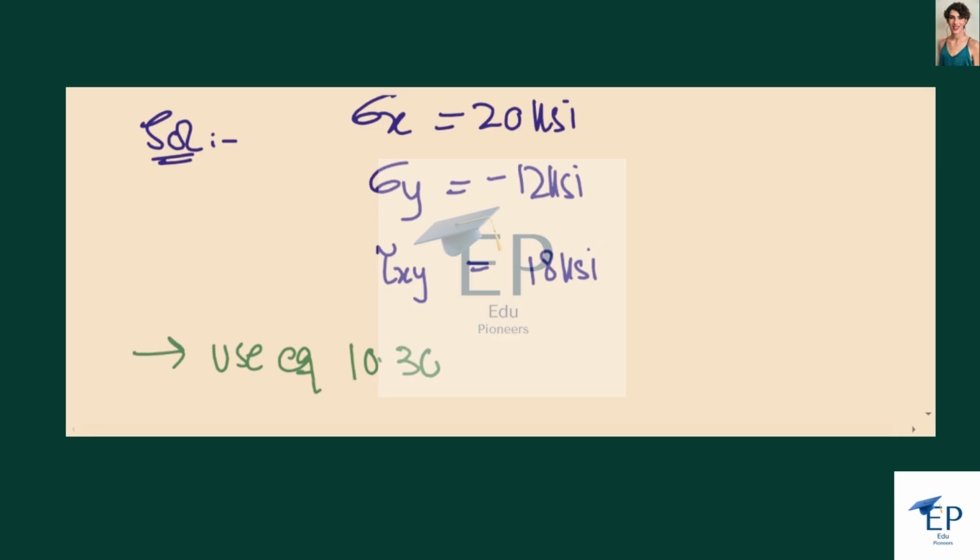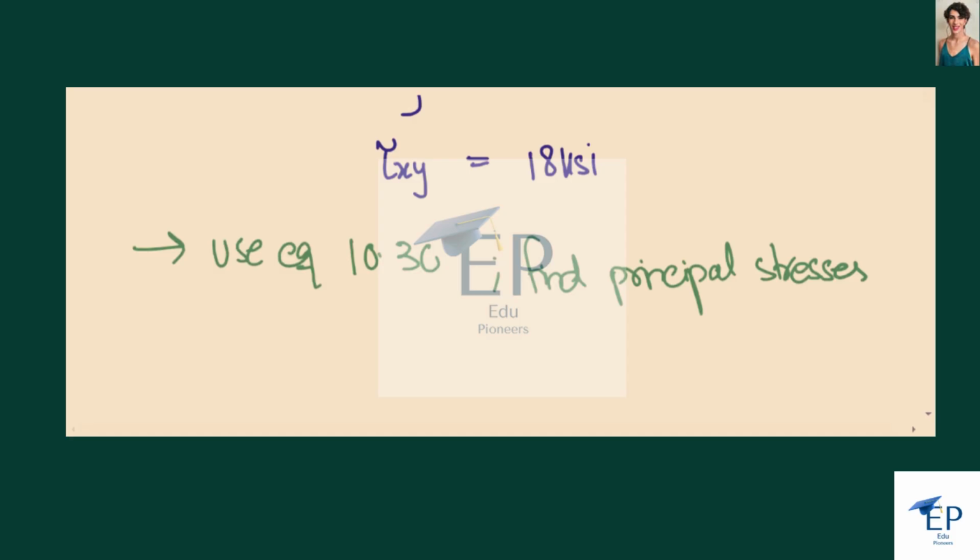But for that, we need to find out the principal stresses. To do so, we need to use equation 9.5, and by using it we would find these principal stresses.